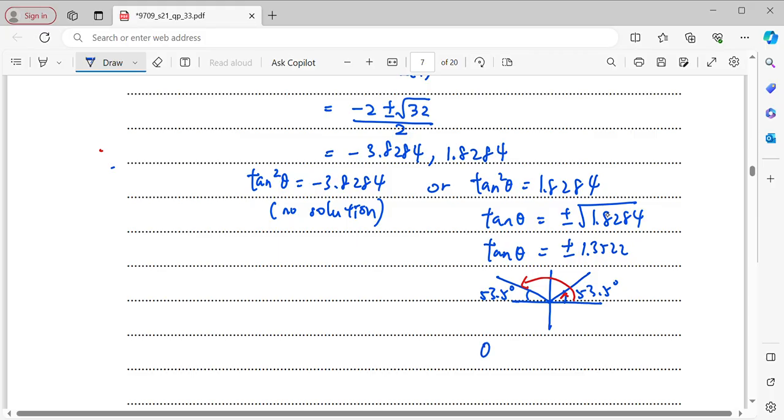That means now my theta is 53.5 degrees, and 180 degrees minus 53.5 degrees. Then here is going to be 53.5 degrees and 126.5 degrees. So that's your theta. Okay, so solve for this question.